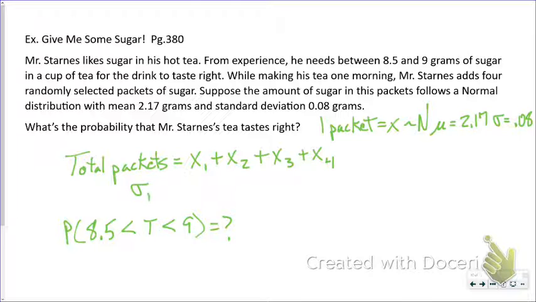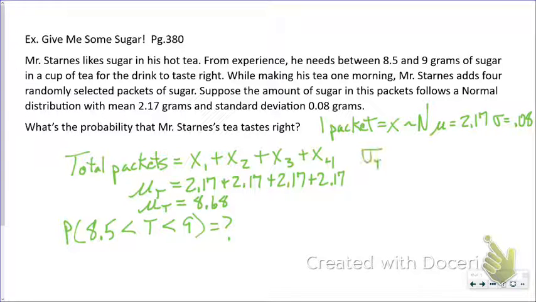So sigma t, or actually let's do the mean first. We usually start with the mean. 2.17, and yes, the mean is 4 times 2.17, but I'm going to write it like this. So that gives me 8.68.